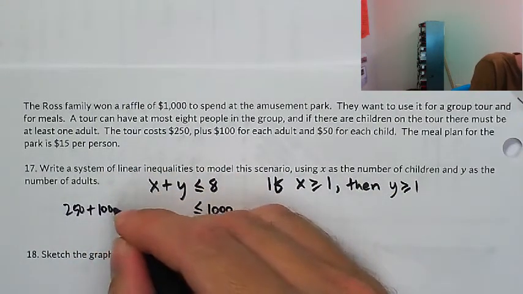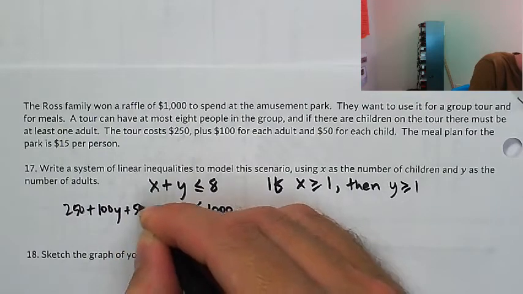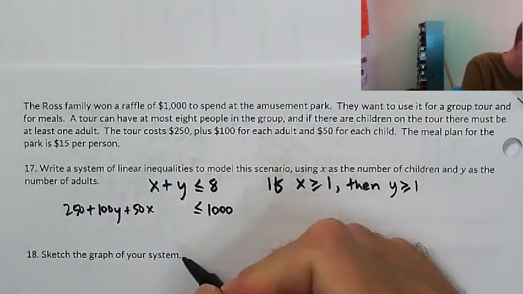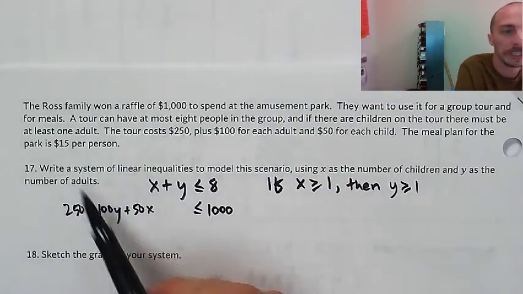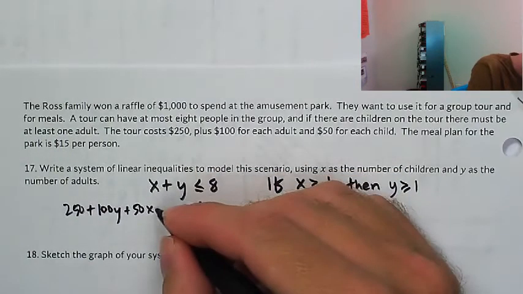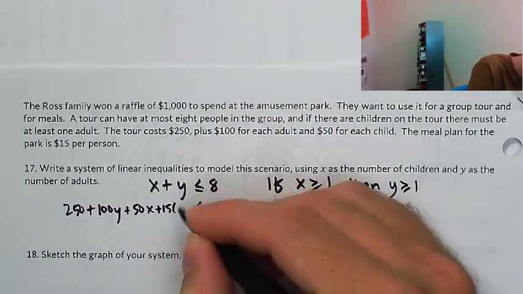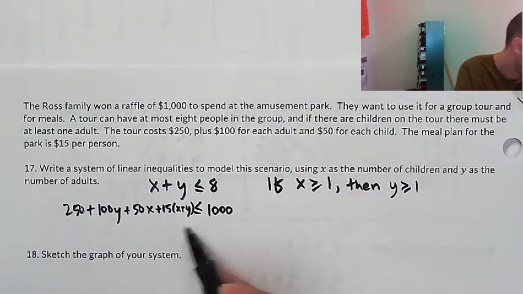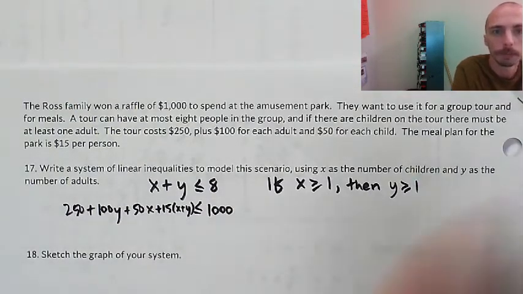That's 100 times y, plus 50x. And then the meals, well, that's going to be $15 for each adult and each child. So I guess I would say 15 times x plus y. I kind of boxed myself in there. And that's going to be the total amount of cost. Which is a pretty complicated cost scenario. But, sorry.